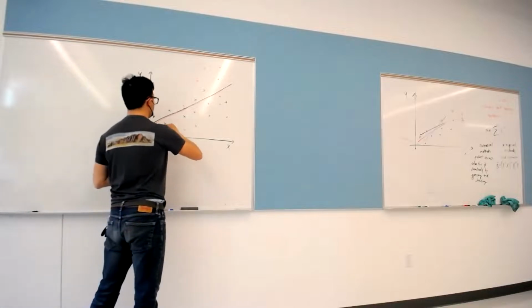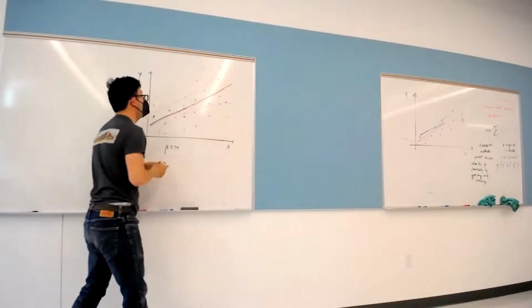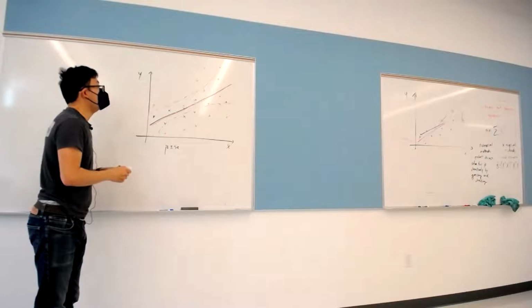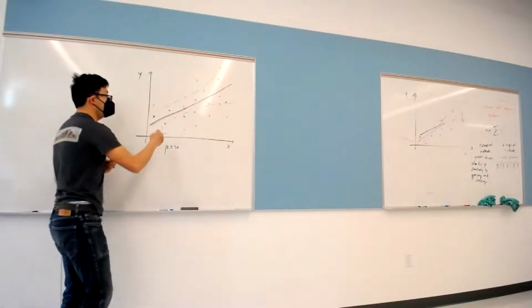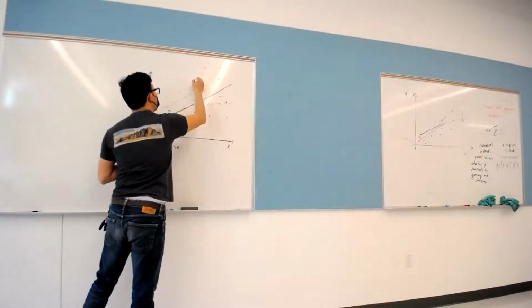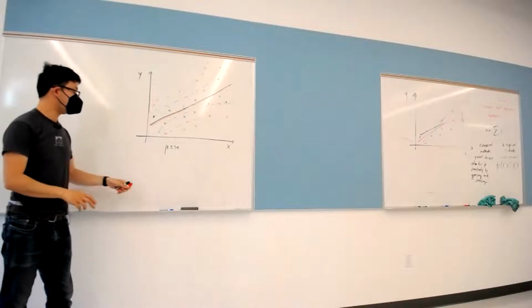In reality, the slope might be somewhere in between some set of other values of beta. And for the red line, that set of uncertainty might be a little bit bigger to accommodate the fact that the points are farther apart.